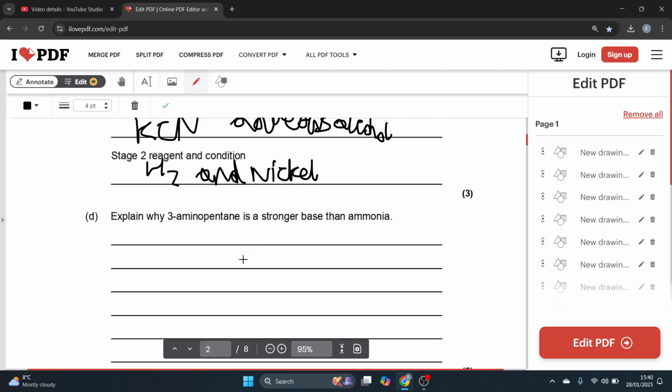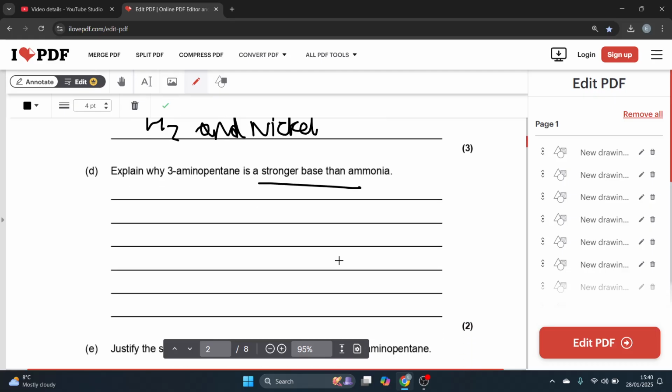Explain why 3-aminopentane is a stronger base than ammonia. Classic question. You just need to be very specific and apply it to the question.